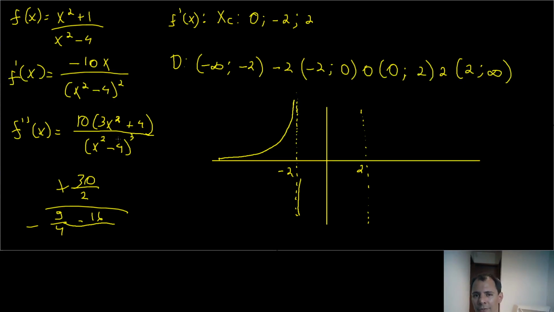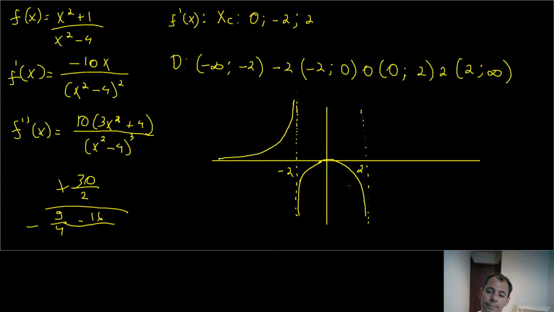If it's a negative number in the second derivative and 0 in the first derivative, that means that it's a maximum. So it has a maximum at 0 here. At 2, it has to approach minus infinity. You know why? Because 0 has to be a maximum. If the graph does something like this, it's not a maximum. Okay, so you want it to be a maximum, the graph has to do this.